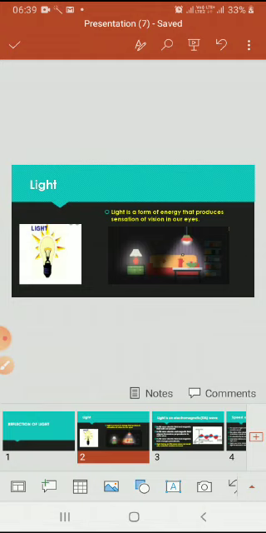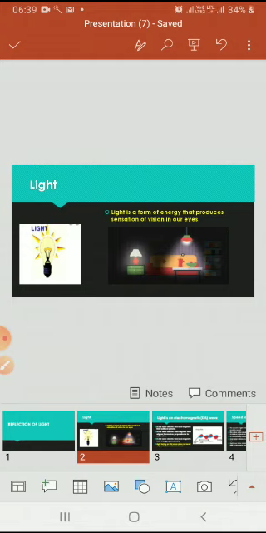Here you can see in the picture that two lights are there and a few portions of the room can be seen clearly, but the other portion cannot be seen clearly. What does it mean? That means the light illuminates some portion of the room.